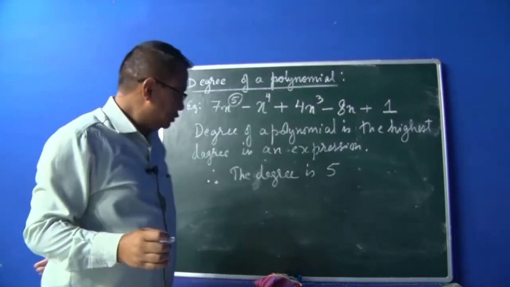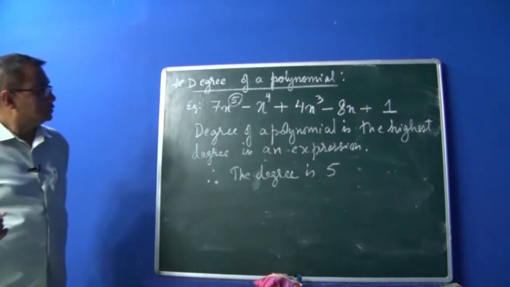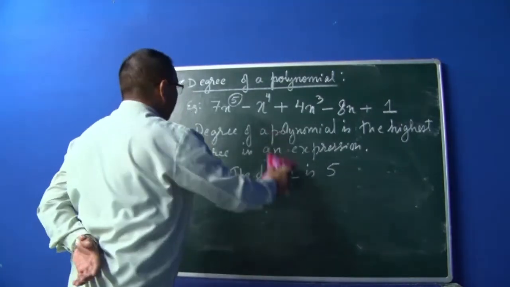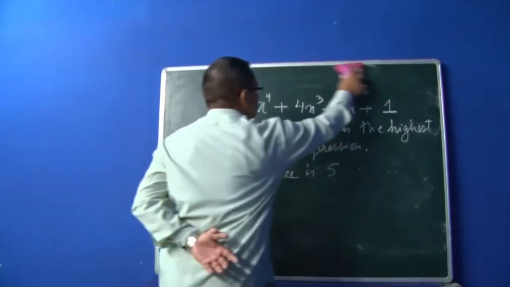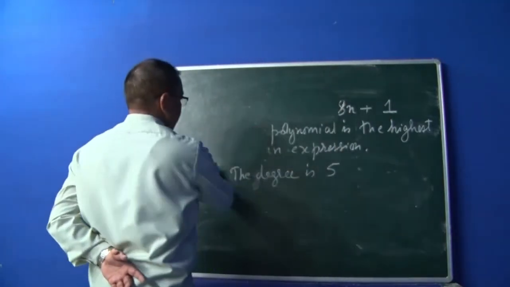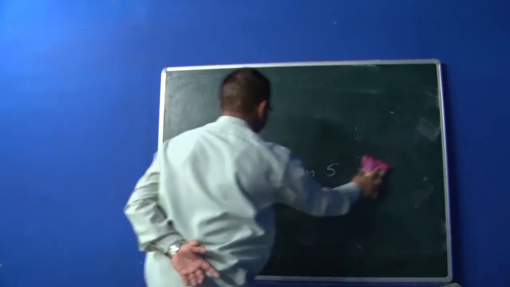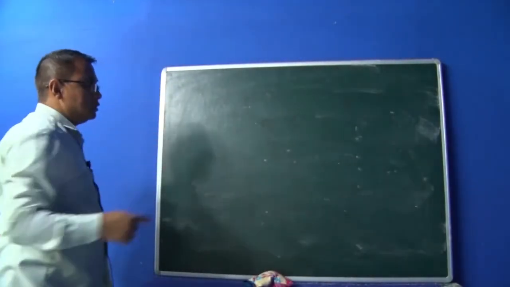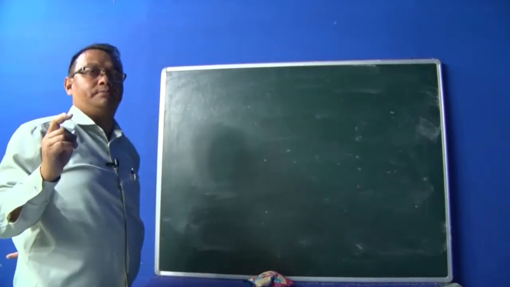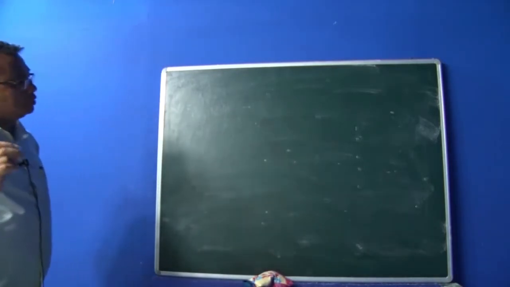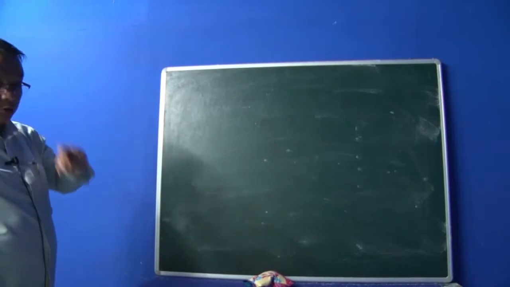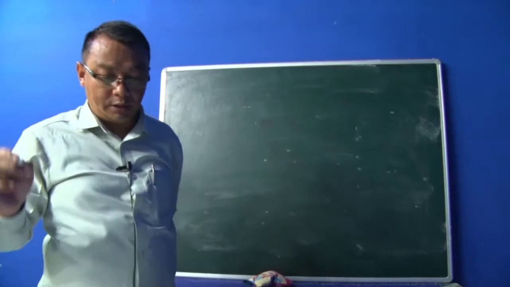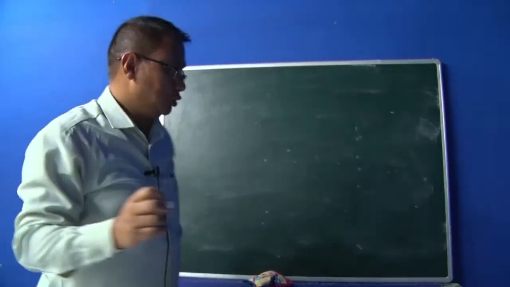Okay, when we finish about the degree of polynomials, then I will skip to another point. A polynomial of degree 1 is called a linear polynomial.